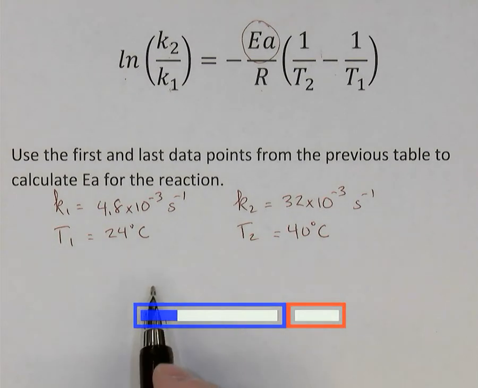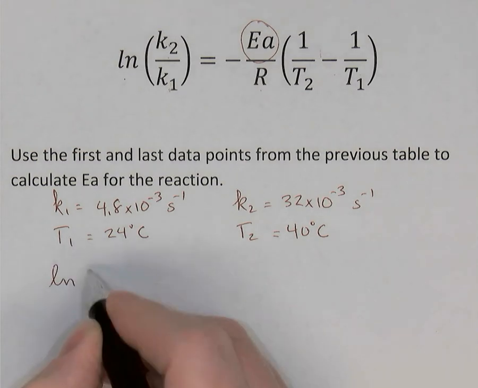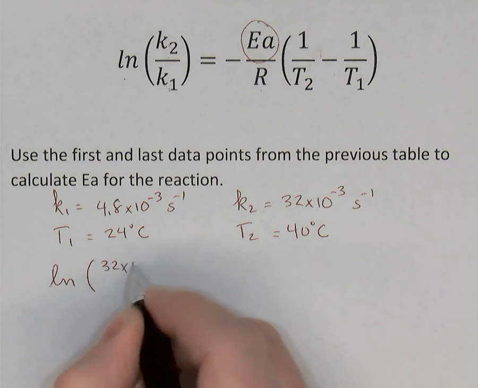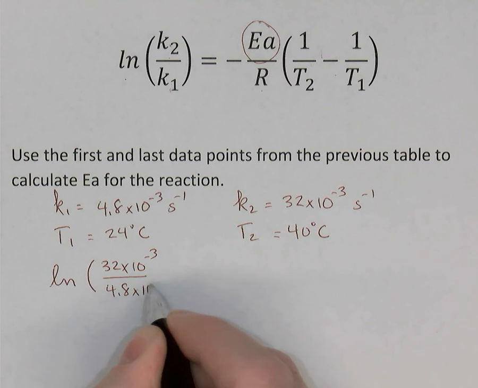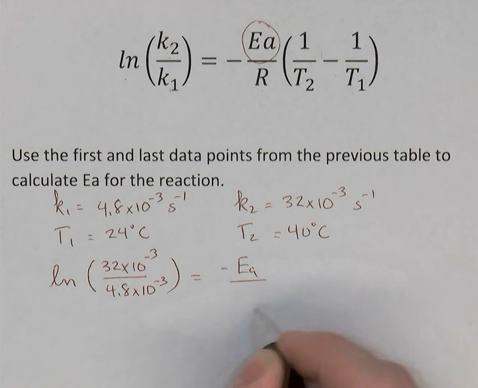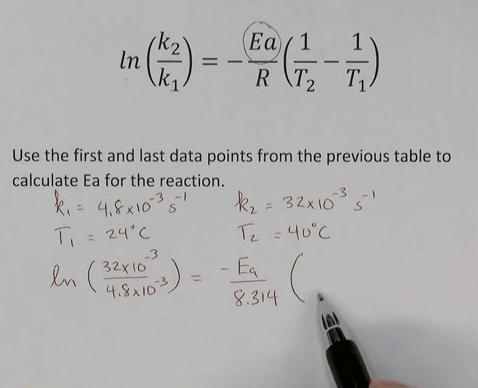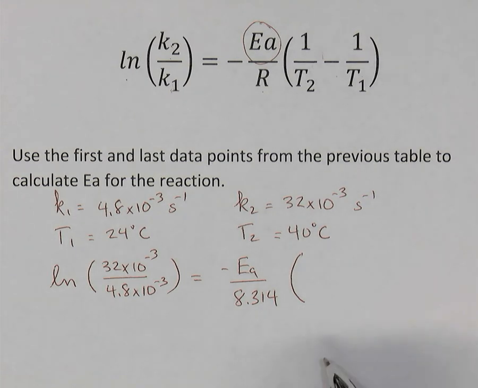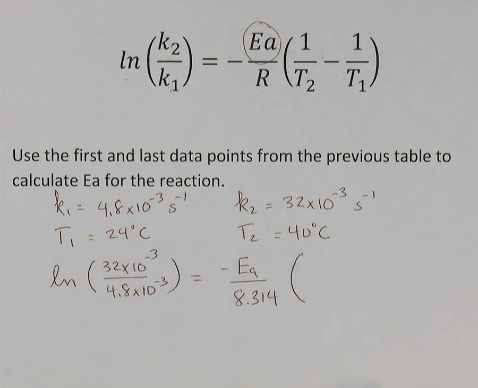So I'm going to take the equation above and substitute this information in. So we get the natural logarithm of K2 over K1, so 32 times 10 to the minus 3 over 4.8 times 10 to the minus 3, and that's going to equal negative EA over R, 8.314, times, now when I put the reciprocals in, I usually just type in a number to the power of minus 1. But remember that the temperatures can't be in Celsius, they have to be in Kelvin.